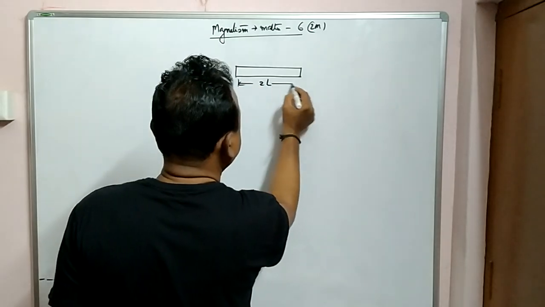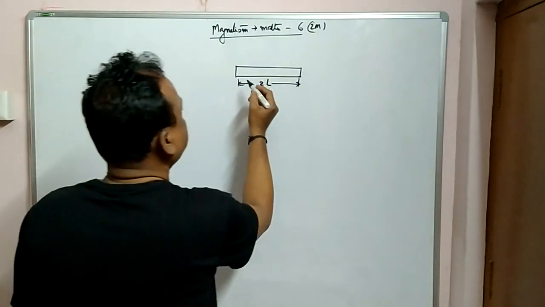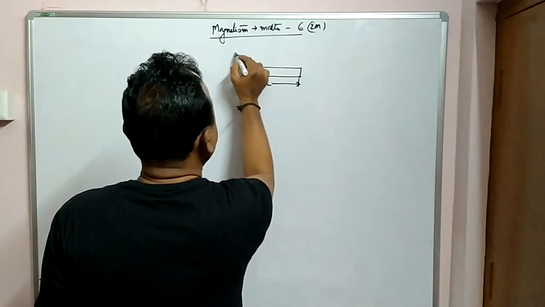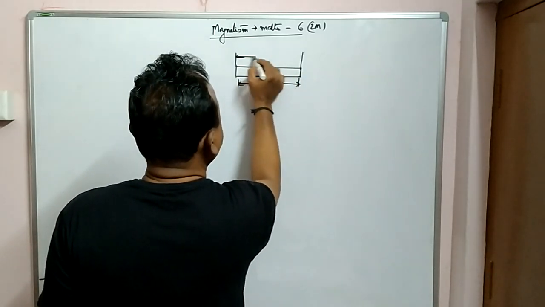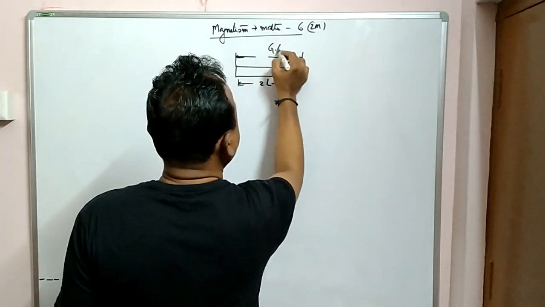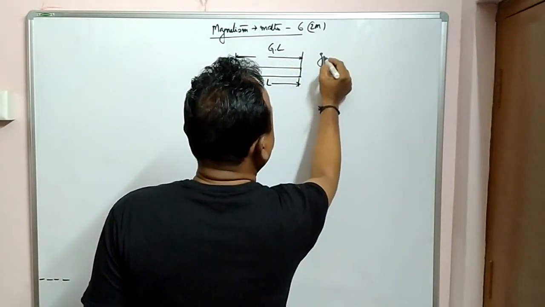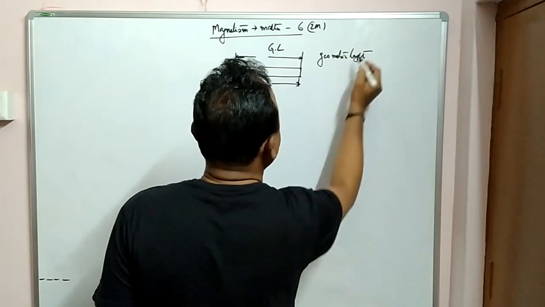But here one point you have to make a note. This end to end distance is called the geometric length, GL, of the magnet.